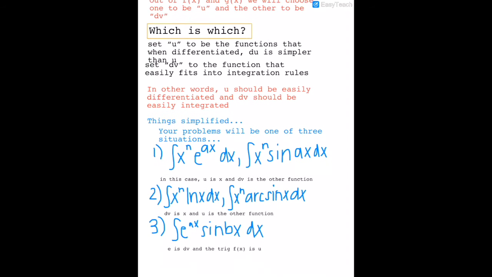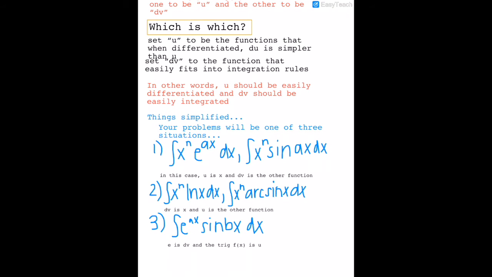To simplify this, your problems will be one of three situations: the integral of x to the n times e to the ax, or x to the n times sine, cosine, or tangent. And in this case, set u equal to the x function, and dv would be the e to the x or the sine, cosine, tan.